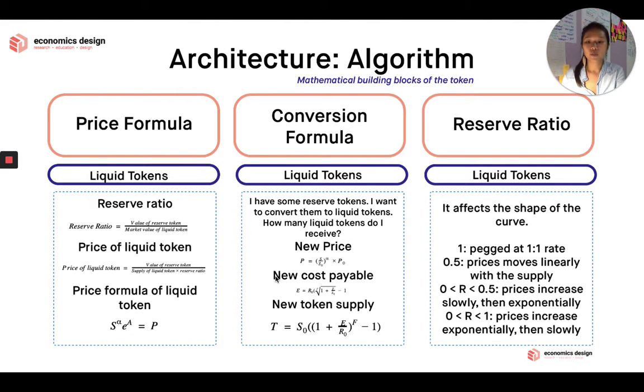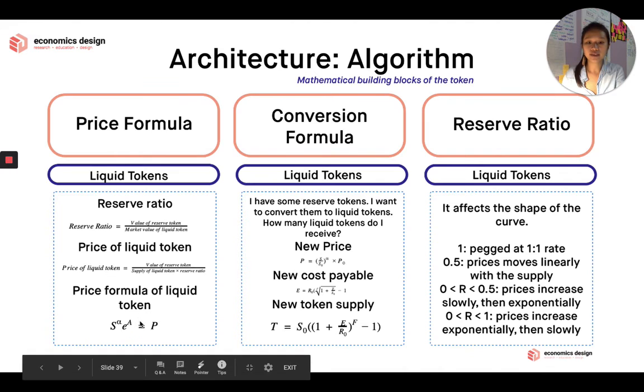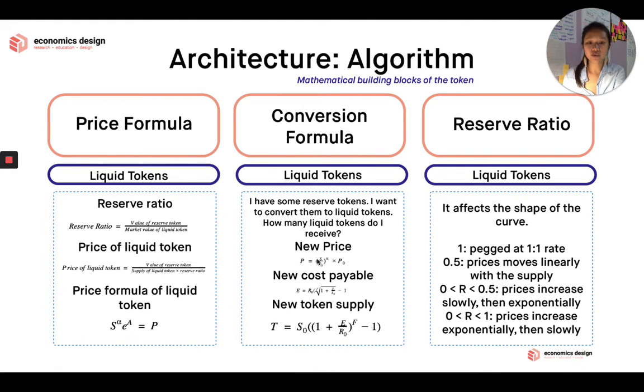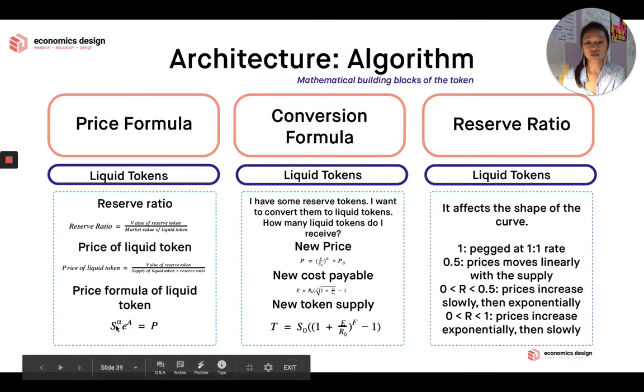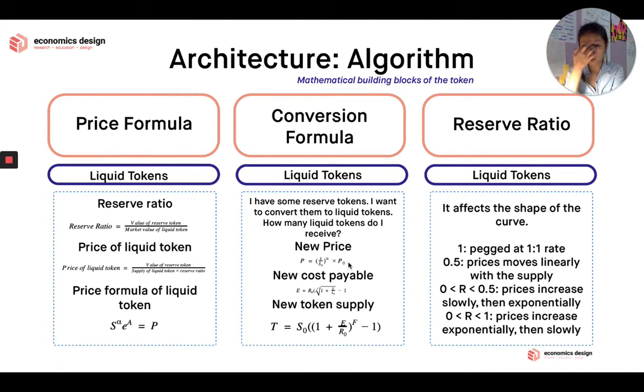So now for price, let's assume that e to the power of a, the constant, is just 1. Let's make this a lot easier. So the price equals the change in supply: S, the new supply, over S0, the old supply, to the power of A, times the old price.